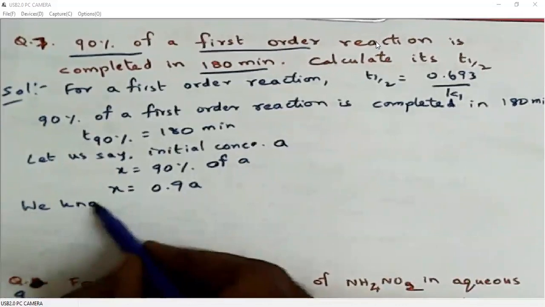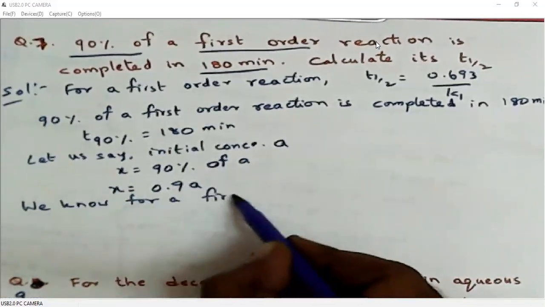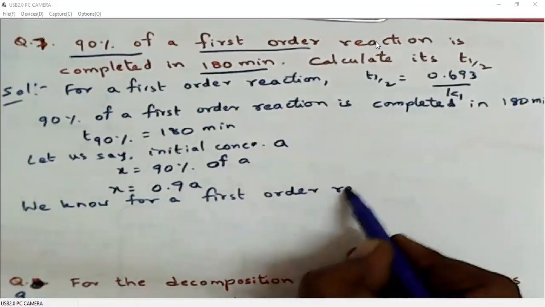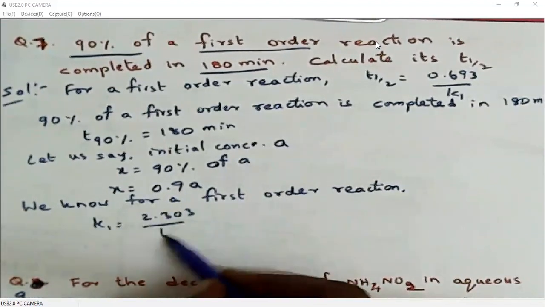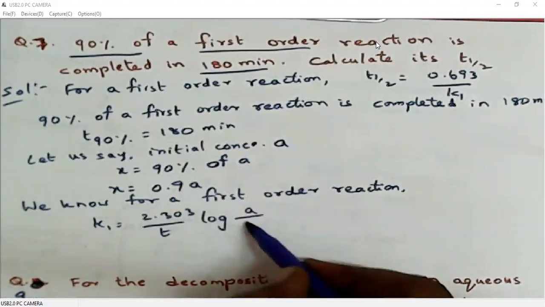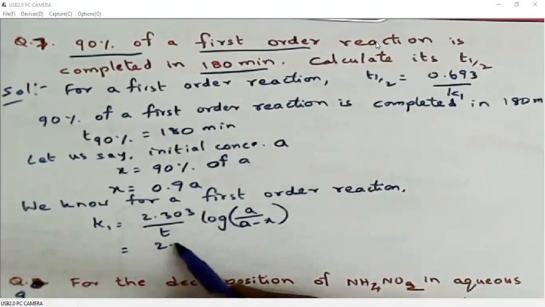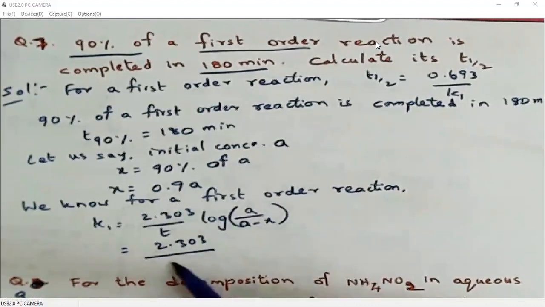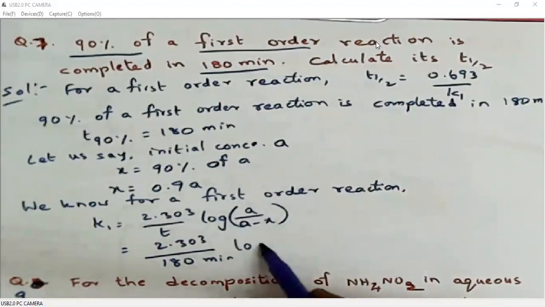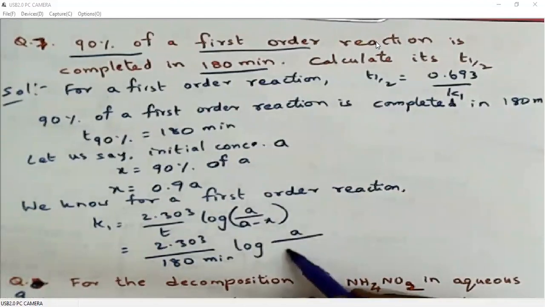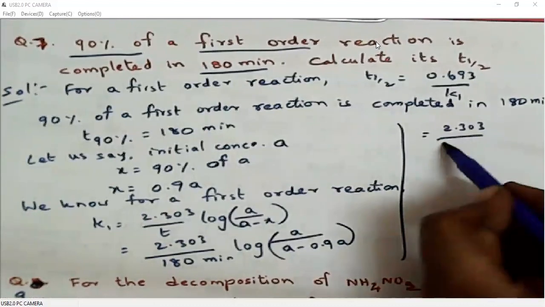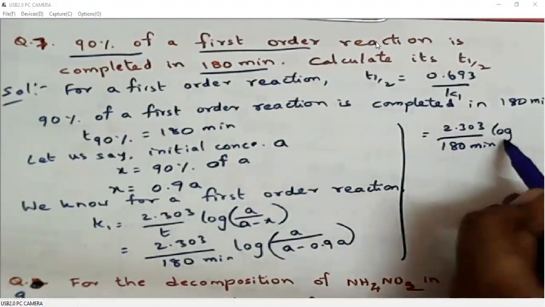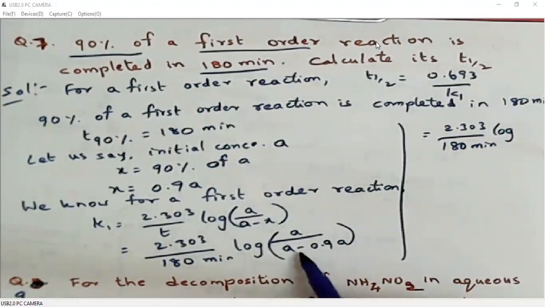We know for a first order reaction, K1 is equal to 2.303 by T into logarithm of A by A minus X. So 2.303 by T, T was given 180 minutes, logarithm of course, A, and we have assumed A minus X as 0.9 of A. When we simplify this, 2.303 by 180 minutes into logarithm of 1 minus 0.9, it becomes 0.1.